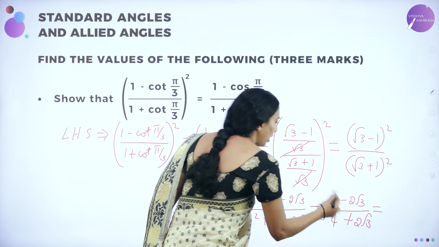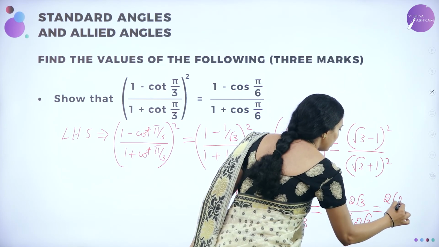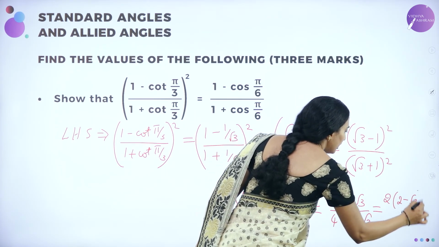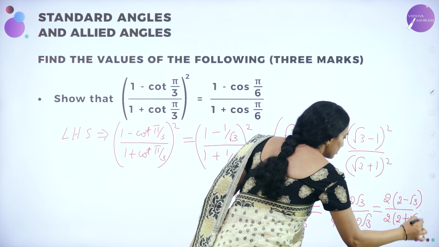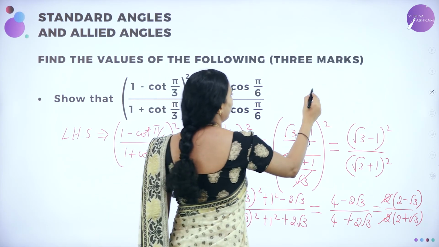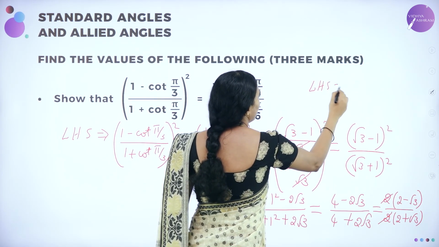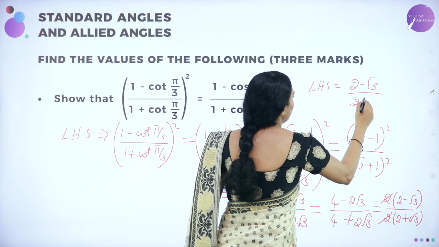Now you can take common as 2. If you take common as 2, you are going to get the answer 2 2s are 4 minus root 3 divided by here also 2 2s are 4 plus root 3. So 2 2 will get cancelled. You are going to remain with the value. His left hand side is nothing but, what is the left hand side? 2 minus root 3 divided by 2 plus root 3.